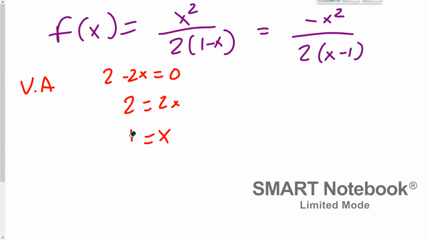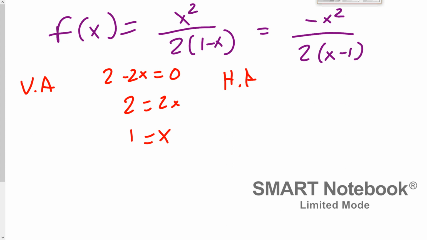And we're not going to cancel any factors out of the top because it's just x squared on top. So there's our vertical asymptote. Now for the horizontal asymptote, we see which degree is bigger, the numerator degree or the denominator degree. The numerator degree is bigger, so that means we're going to have an oblique asymptote.